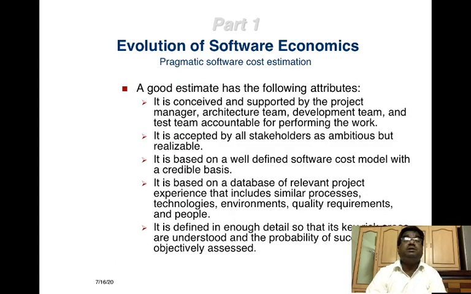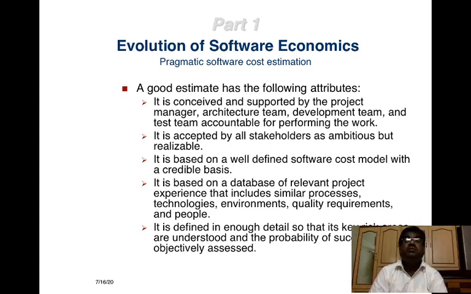Okay, next, a good estimate has the following attributes. It is conceived and supported by the project manager, architecture team, development team, and test team accountable for performing the work. They need to consider all team activities.